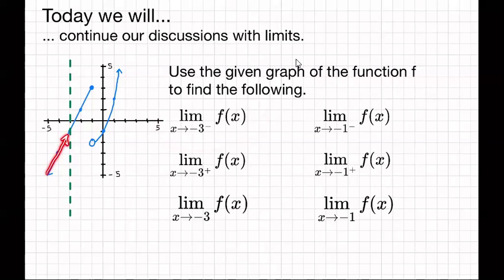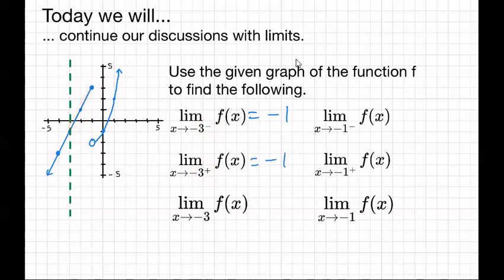So hopefully we're in agreement that it equals -1. Remember, we were coming from the left-hand side, so that's why we only focused on these points over here. Now, if we do the right-hand side limit, which is the second one here, and we look at all the points, again they're pointing to -1.